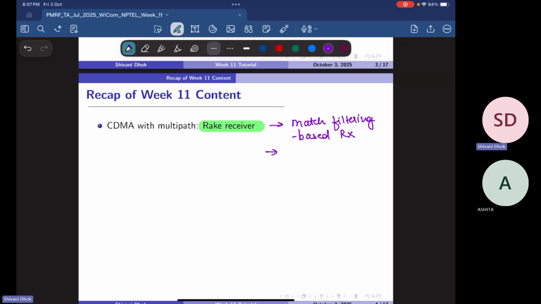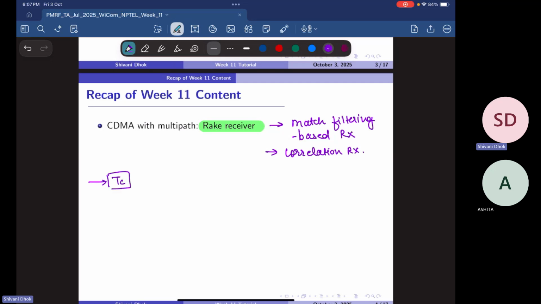Essentially it is a correlation receiver. So what does it do? Let's say we have whatever we are receiving at the antenna, something like this.